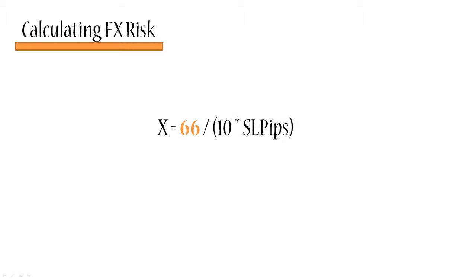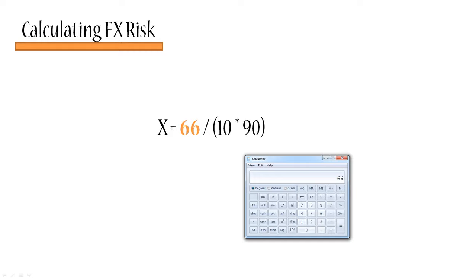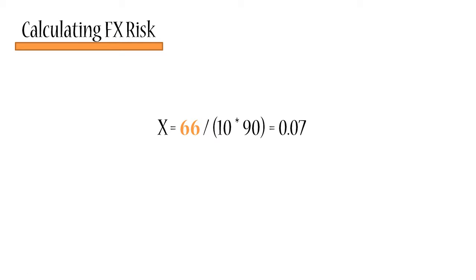Now all we have to do is enter the number of pips in our stop loss, which is about 90 pips. So that gives us 66 divided by 900, which is approximately 0.07 lots. Now let's perform the same calculation, but for the buy order.